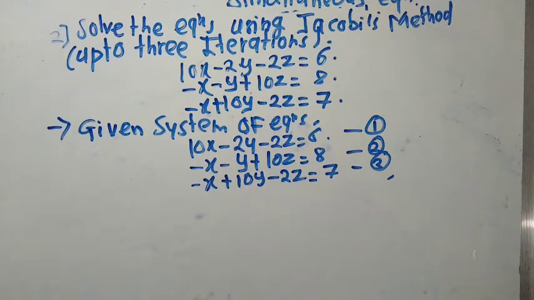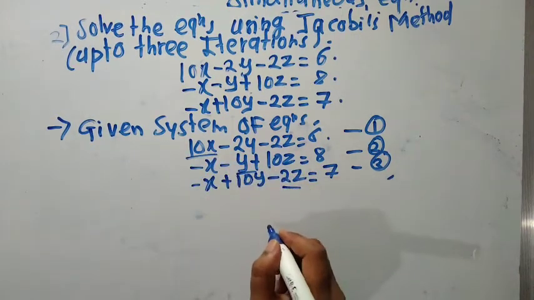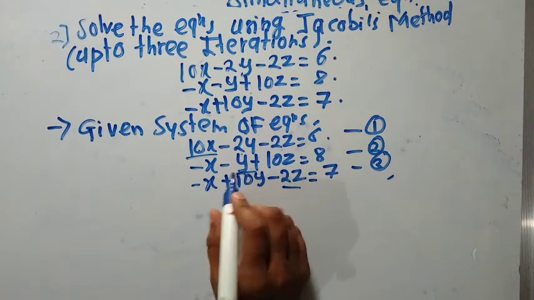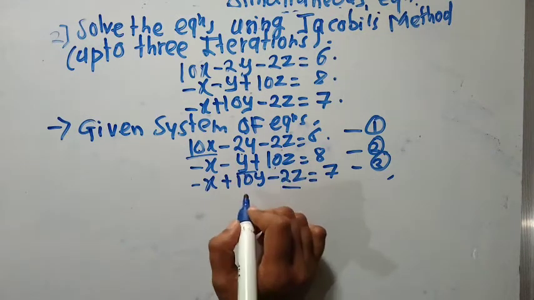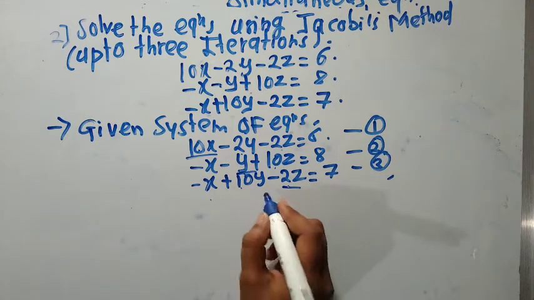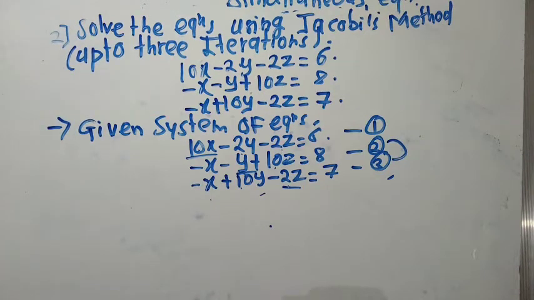Then here 10x, y and 2. So 10 is greater than 2 and 2, but y is not greater than 10 and 2 is not greater than 10. So interchange between the 2 and 3 equation.